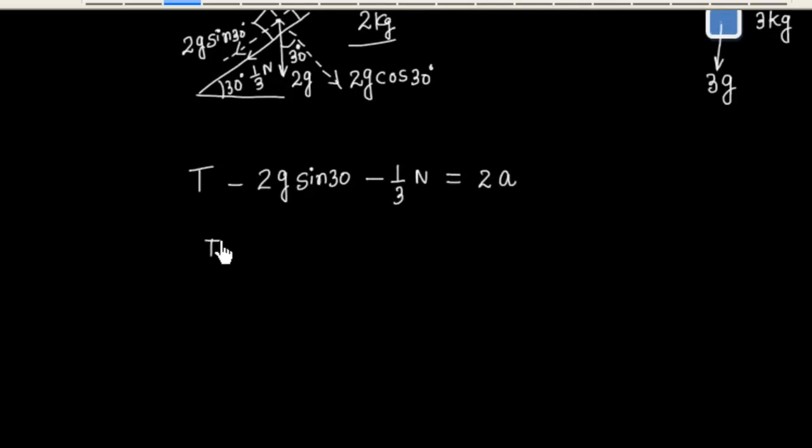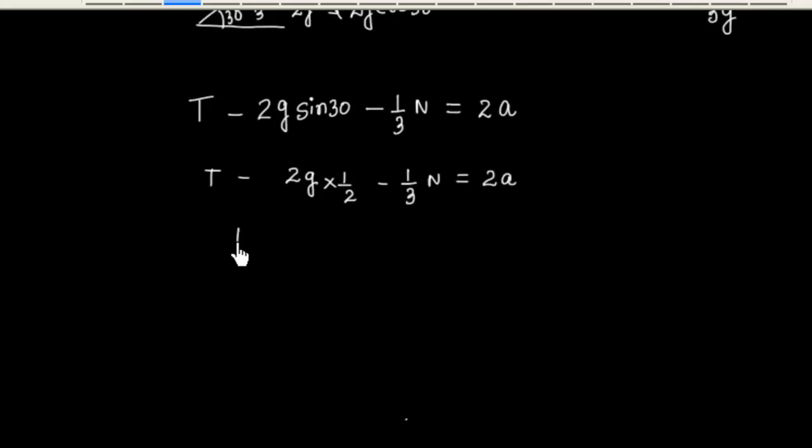If we simplify more, this is T minus 2g, and sin theta is 1 by 2, minus 1 by 3 into n, equals 2a. So we will have T minus g minus n by 3 equals 2a. So this is my equation number 1.